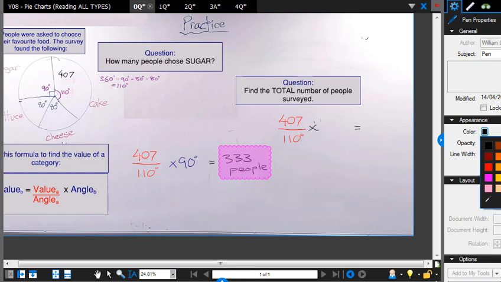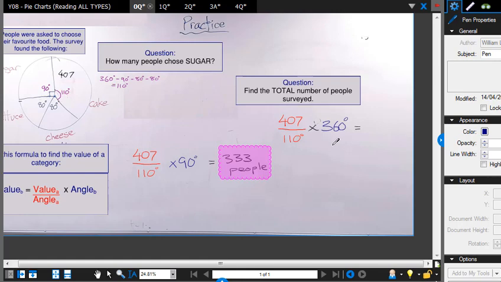The total. What angle represents the total? 360 degrees. So if you do that on your calculator, you will get the total, and that will be how you do that. It should be no big deal, really.